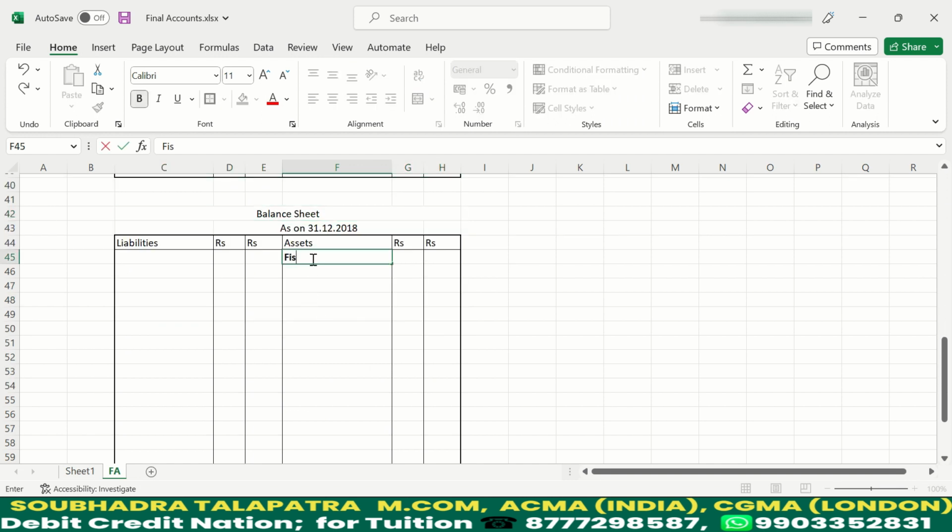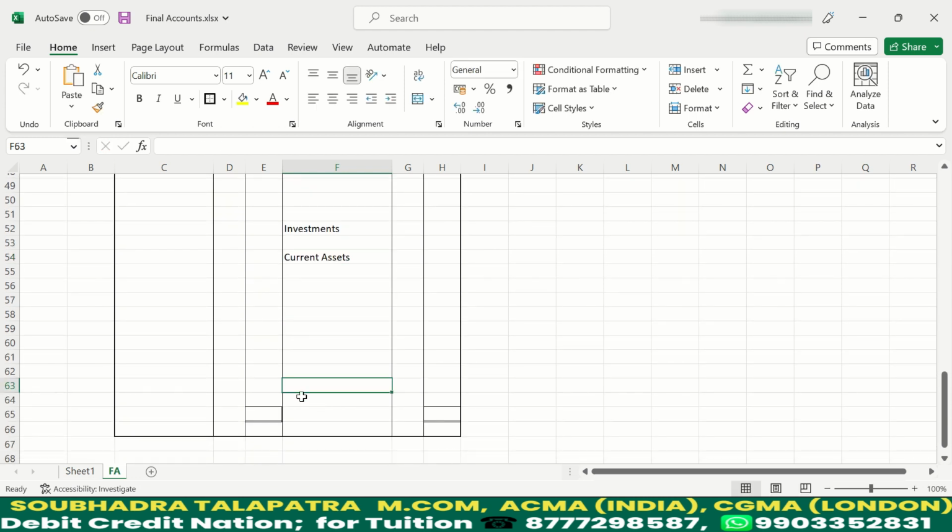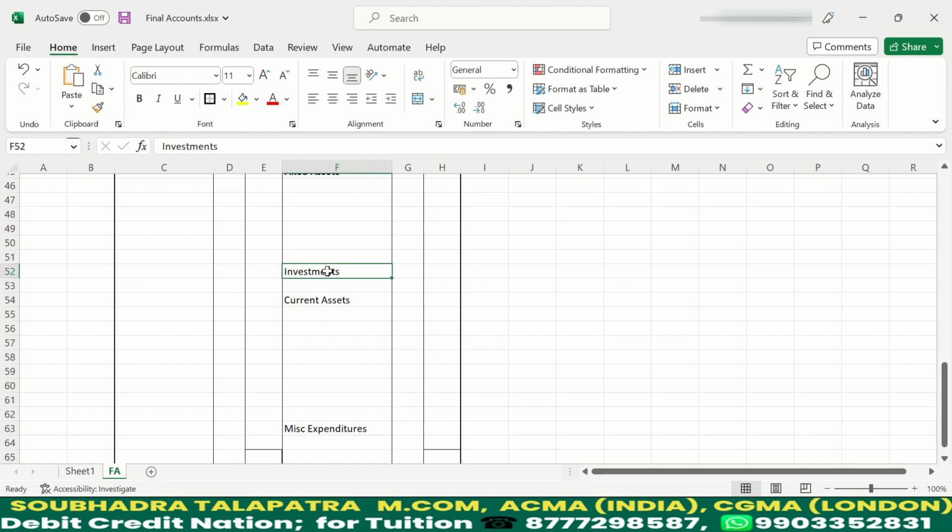On the asset side we have fixed assets, then investments, then current assets, and finally miscellaneous expenditures. I'm making them bold because these are all headings. Similarly, on the liability side we have current liabilities.